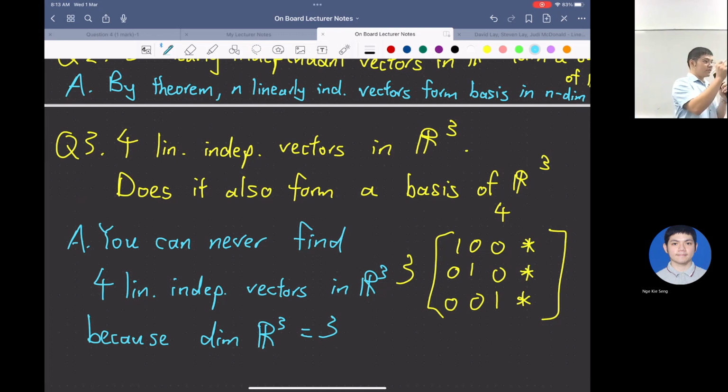Remember, dimension is an invariant. You cannot have more than it, you cannot have less than it. True. You can find two linearly independent vectors, but they don't span. So you increase until three, they are linearly independent, they also span.